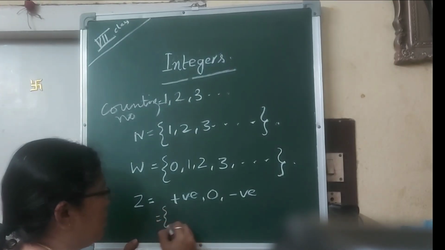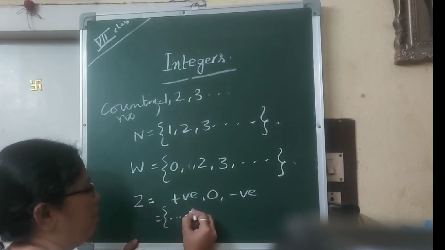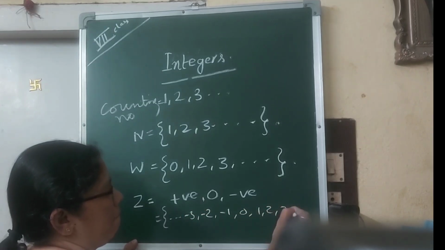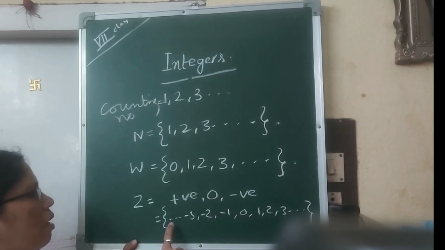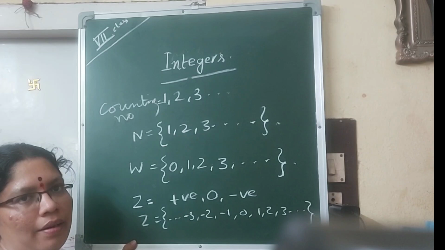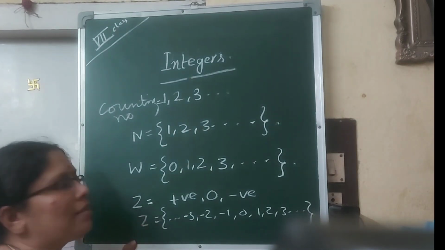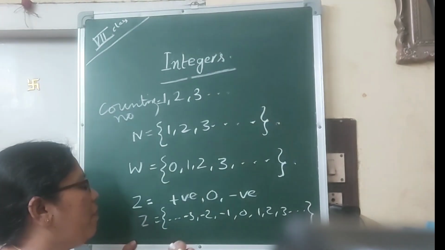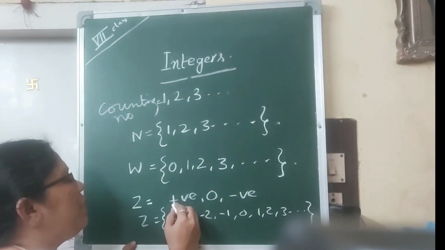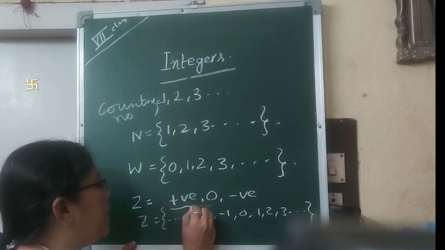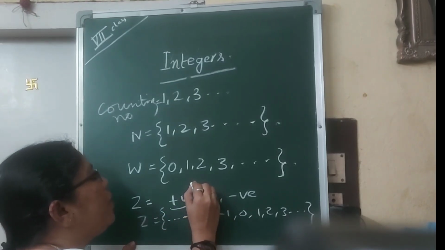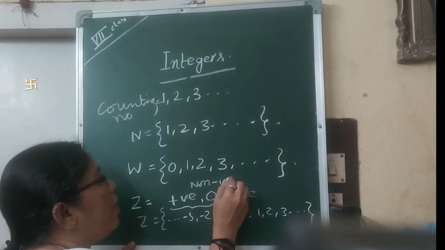This is the integer set. What does the integer set consist of? Positive numbers, 0 and negative numbers. Positive numbers and 0 together are called non-negative numbers.